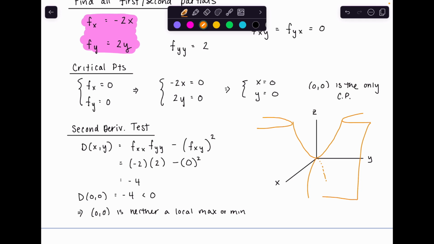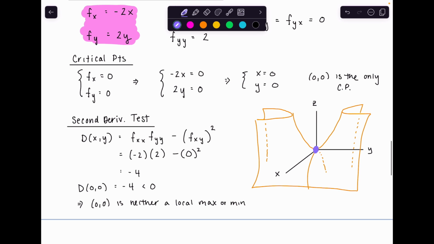So this created that saddle shape. So at the point (0, 0), which is just right there at the origin, in one direction it's climbing, in the other direction it's falling. So although the tangent lines in the x and y direction equal 0 at that point, overall, you can't classify this as a local max or min because it's doing 2 different things around it.